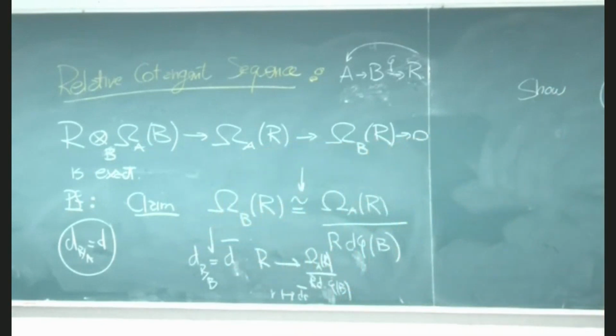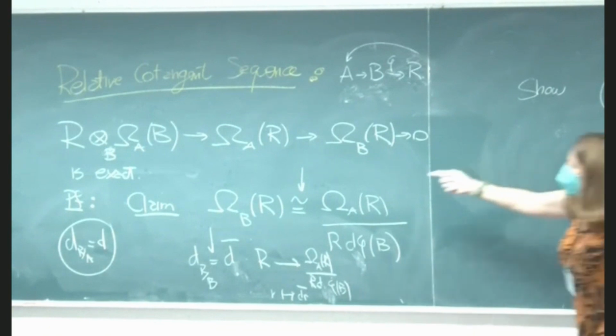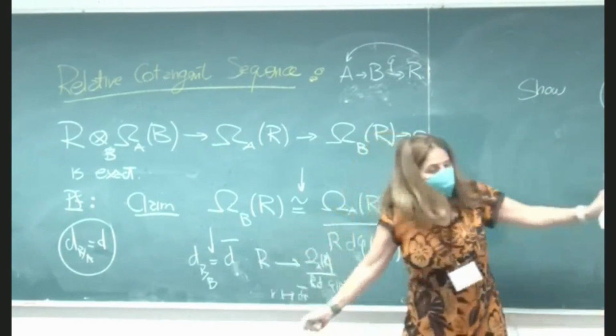So D bar is the universal module of differentials, so this shows that it satisfies the universal property. If you show that, automatically this must be this, and that must be D_{R/B}.